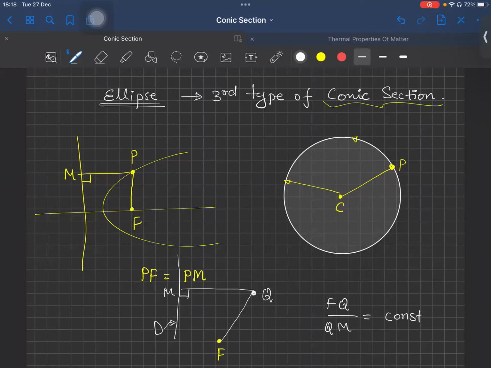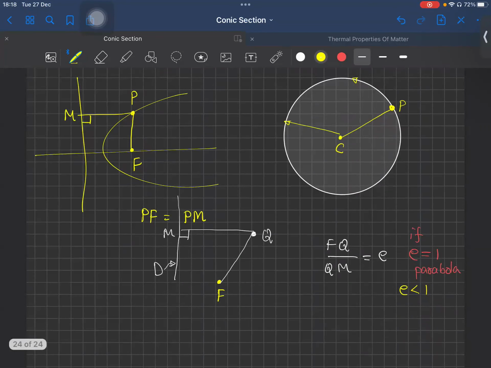That is called a conic section. This constant is called eccentricity e. If e is equal to 1, it is called parabola. When e is less than 1, it will trace an ellipse. When e is greater than 1, it will be hyperbola.